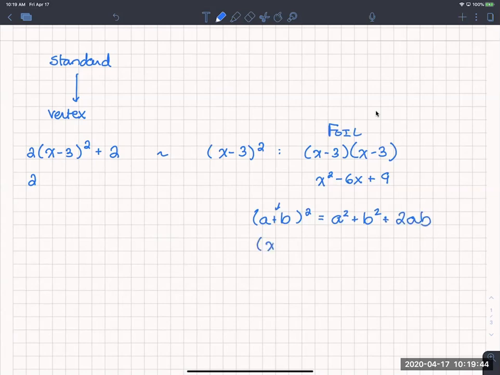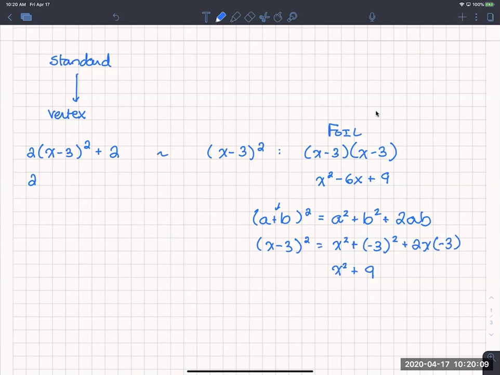So in this case, (x minus 3) squared would be x squared plus (-3) squared plus 2 times x times -3. x squared is x squared. -3 squared is 9. Remember, when you square a negative, it becomes a positive.